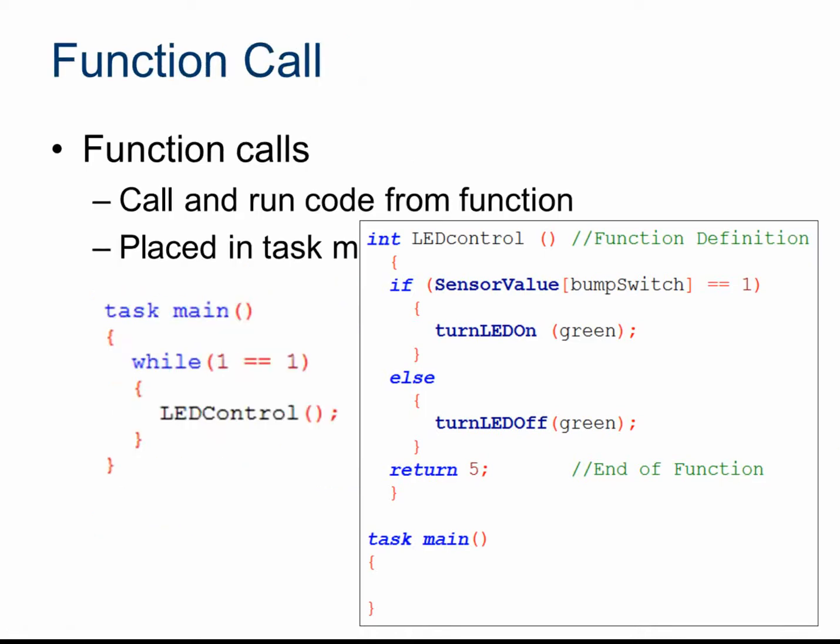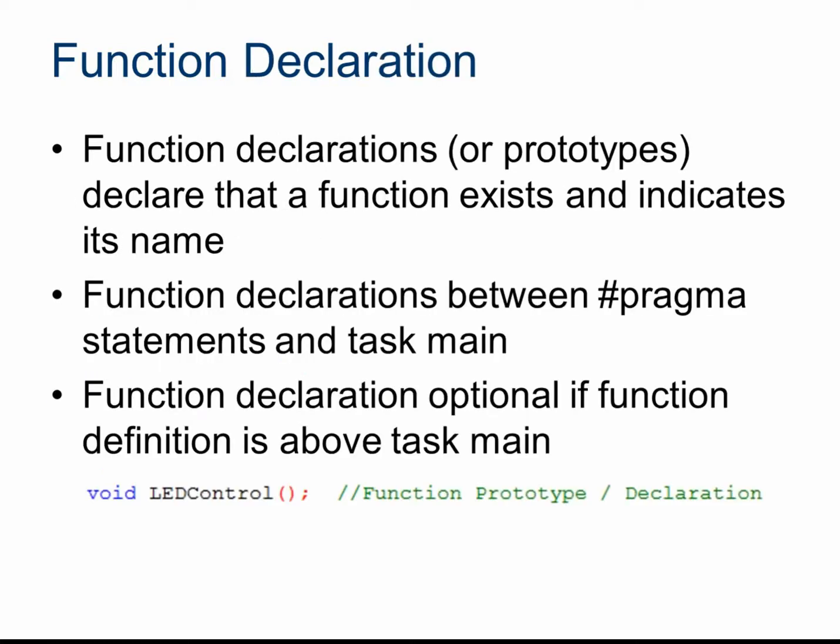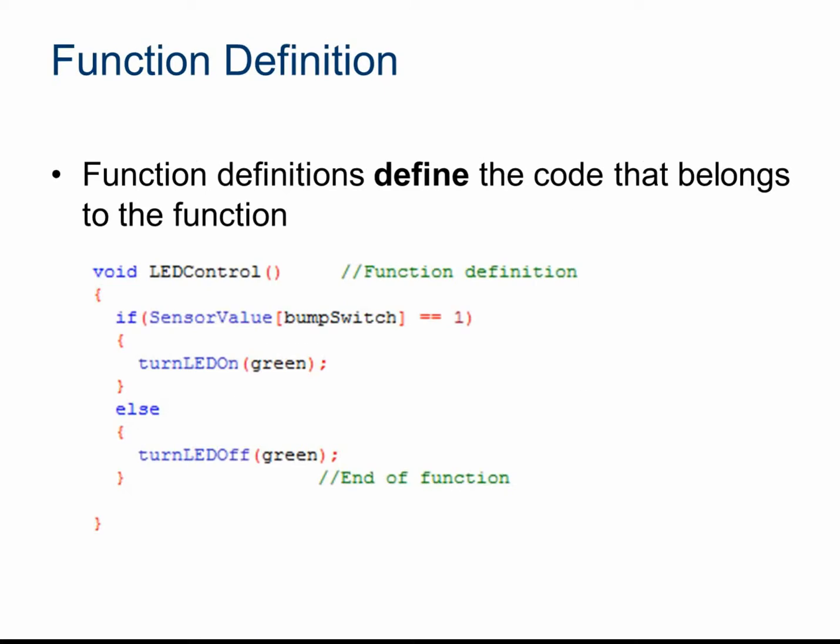Now what that would do is, if I were to call the function, and say I have a variable in here named test, int test, then if I say test equals LED control, it's going to take that 5 that I returned and put it into test. Now this is really powerful because say I want to have a function that does some math.